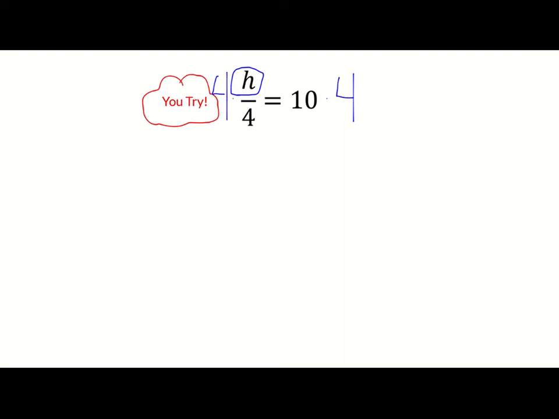When I multiply the left side by 4, the denominator cancels with the 4 I just multiplied by, so I will just be left with h. Drop down your equal sign, and h is going to be 10 times 4, which is 40. So our answer to this equation is 40.